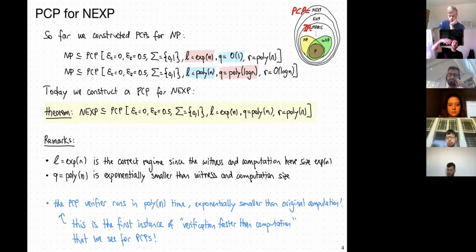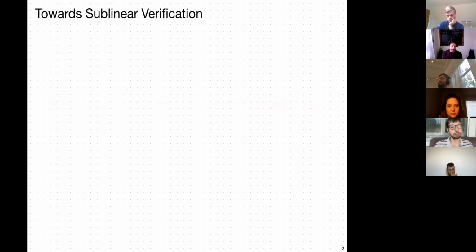For example, if what we want to do with the computation is coloring a graph, then it would run exponentially faster than the time it would even take to read the vertices of the graph. Right? So think how spectacular that is. It means that, suppose you have a graph on n vertices, then you'll be able to verify the correctness of the proof regarding this graph in time which is polylog, which is quite nice.